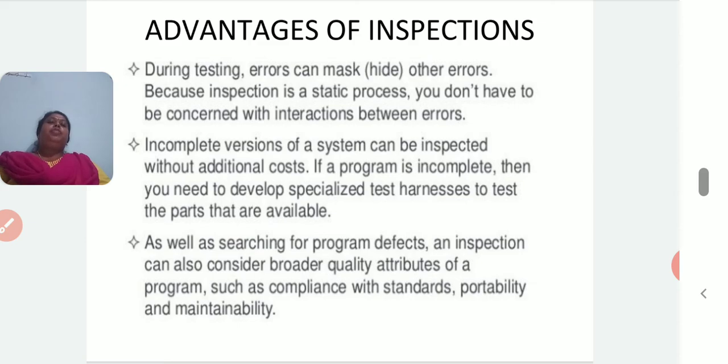An incomplete version of a system can be inspected without additional cost. If a program is incomplete, then we need to develop a specialized test harness to test the parts that are available. We are also searching for program defects, and inspection can also consider broader quality attributes such as compliance with standards, portability and maintainability.